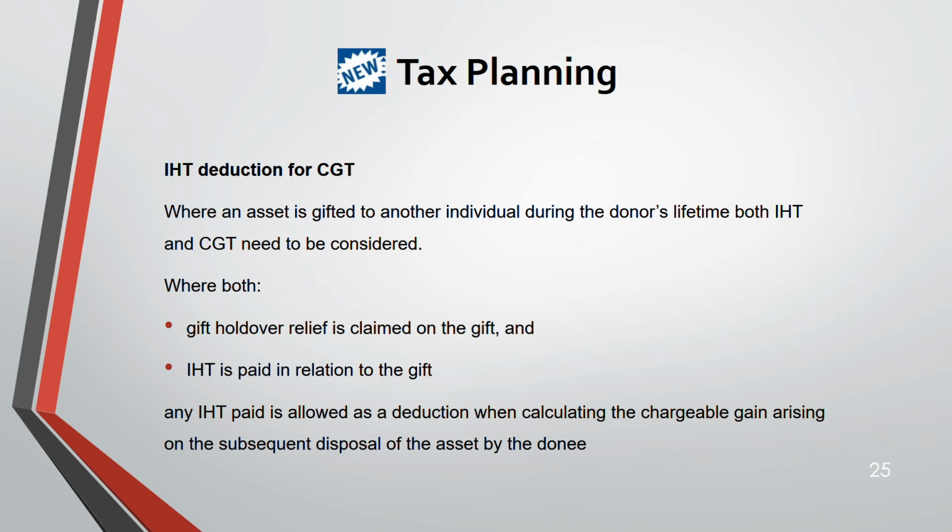Gift holdover relief has to be claimed, and IHT has to be paid. If both are there, then you can deduct any IHT paid when calculating the chargeable gain, when the donee subsequently disposes of that asset. Now let us do a question on that.